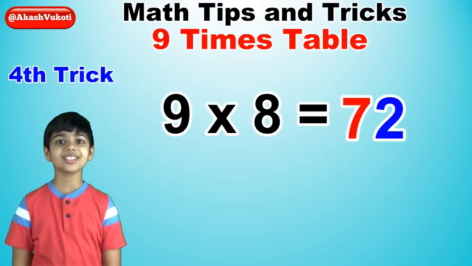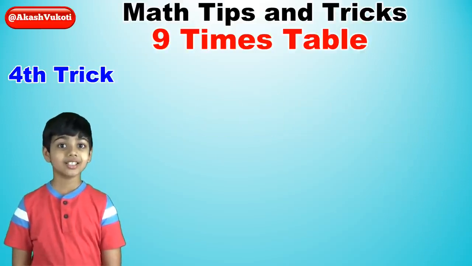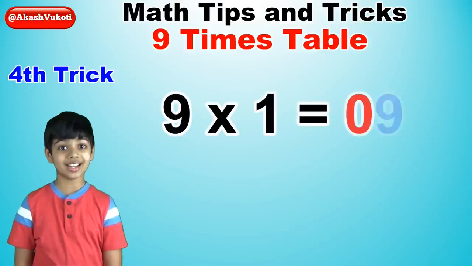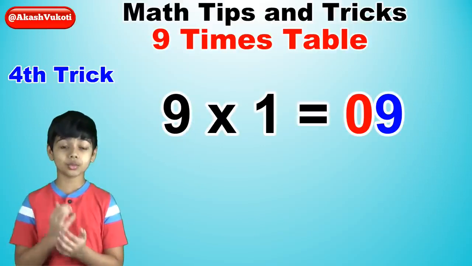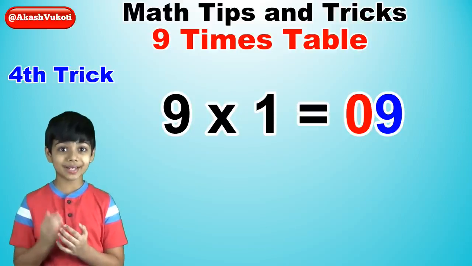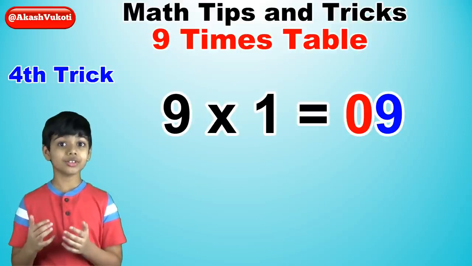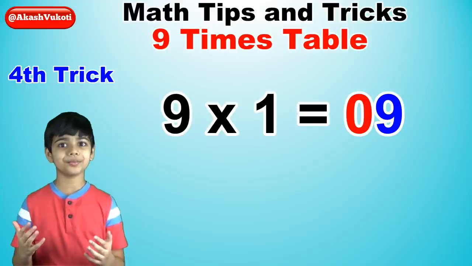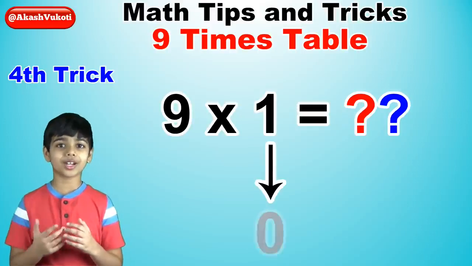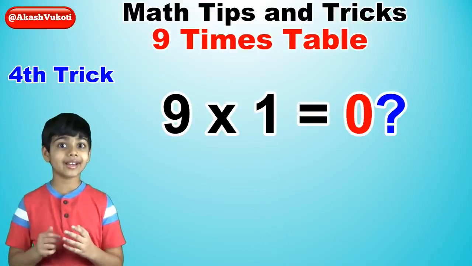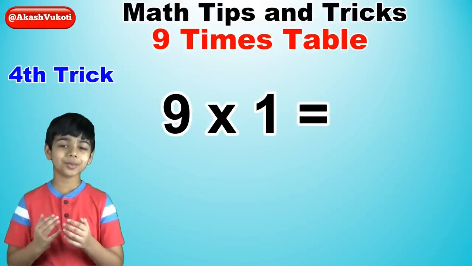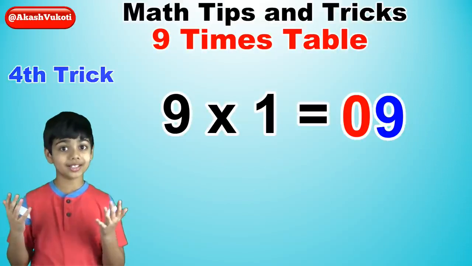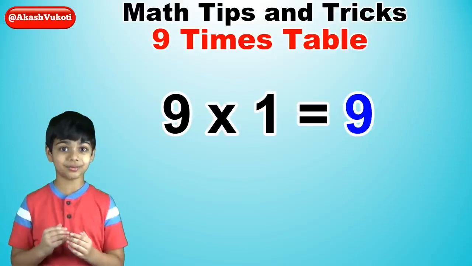The answer is 72. 9 times 1 is 9, and we all know that because any number times 1 is that number. But did you know that it applies here too? The number before 1 is 0, and 9 minus 0 is, well, 9. So 09, or 9, is the answer.